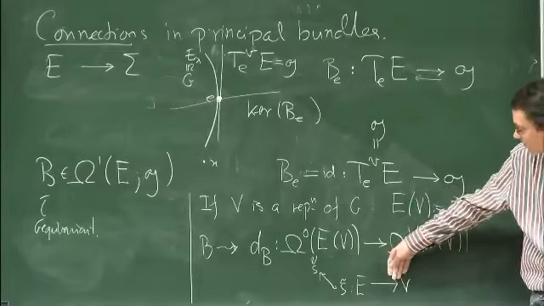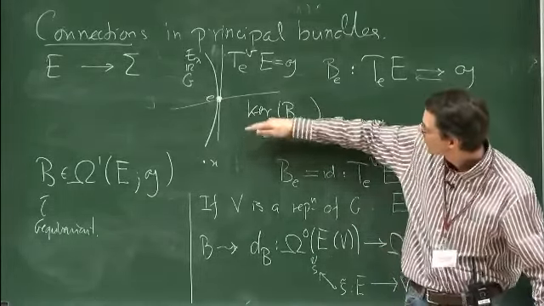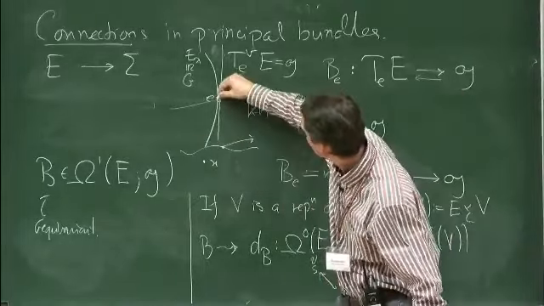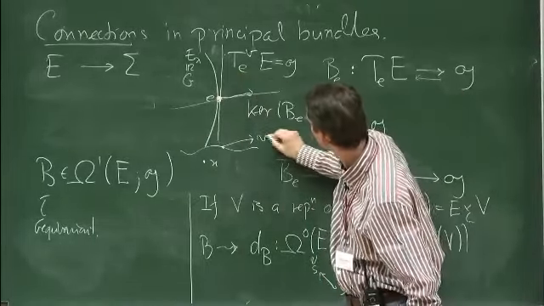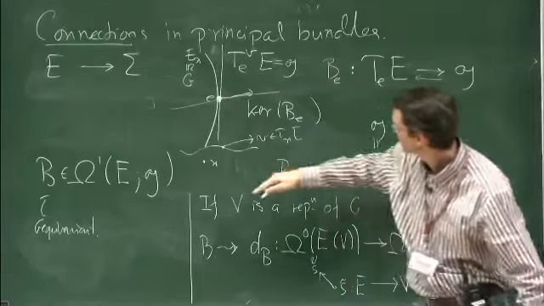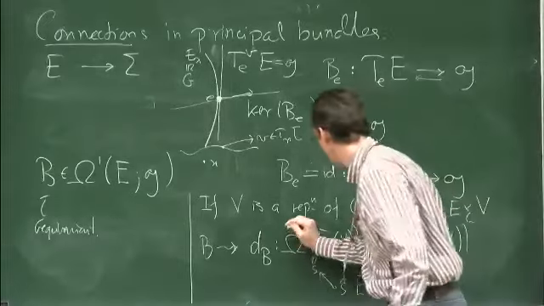The problem is to make them descend to one forms on the surface. But if we have a tangent vector to the surface downstairs, this complement lets us lift it. That is why we can then get this operator here. So I should perhaps put here sigma.